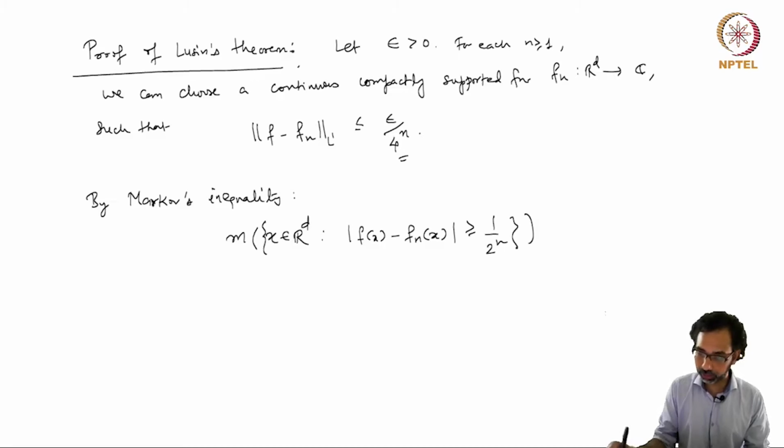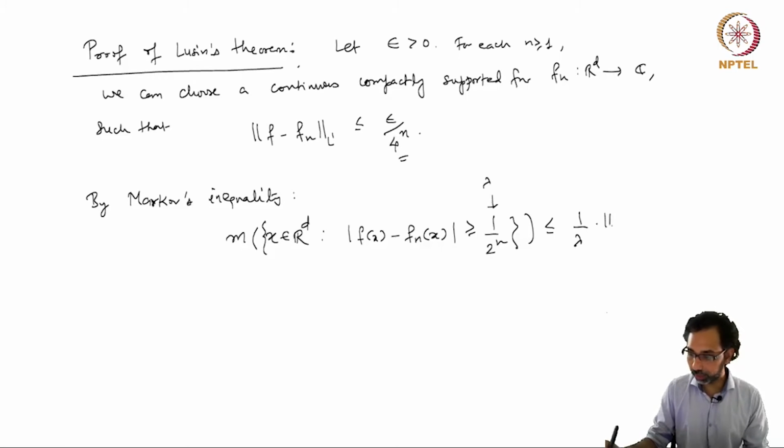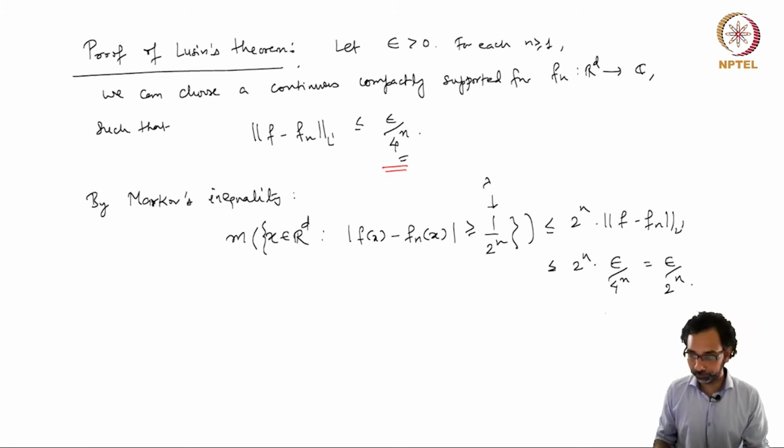So the measure of this set is less than or equal to, with this being our lambda here, 1 over lambda times the L1 norm of the function that you are choosing. This is nothing but 2 to the power n times the L1 norm, and because we have chosen this L1 norm to be less than or equal to epsilon by 4 to the power n, this is 2 to the power n times epsilon by 4 to the power n, which is equal to epsilon by 2 to the power n.